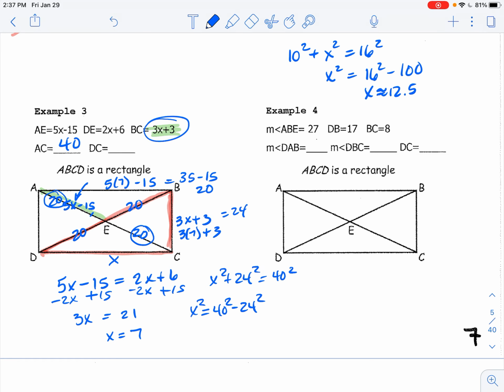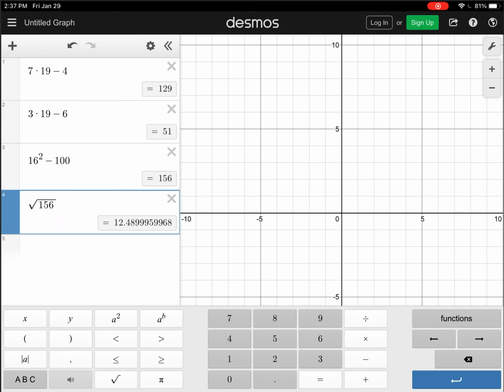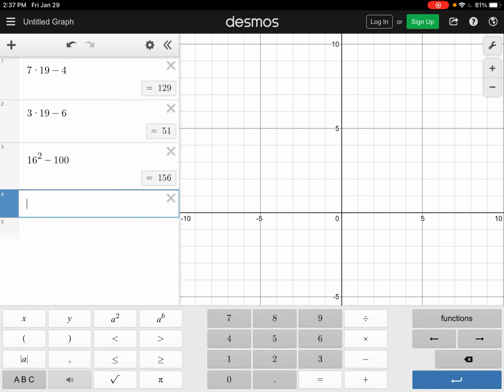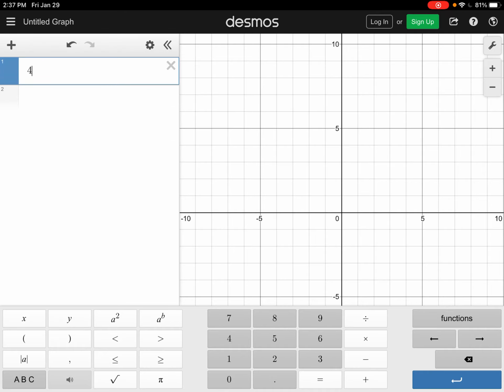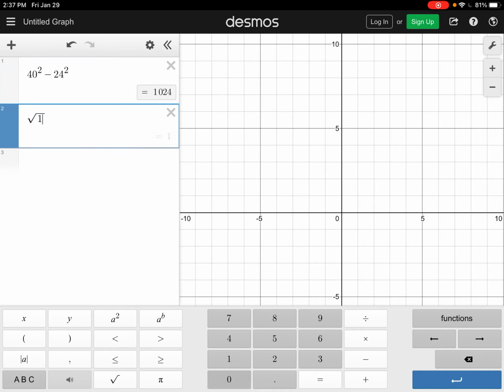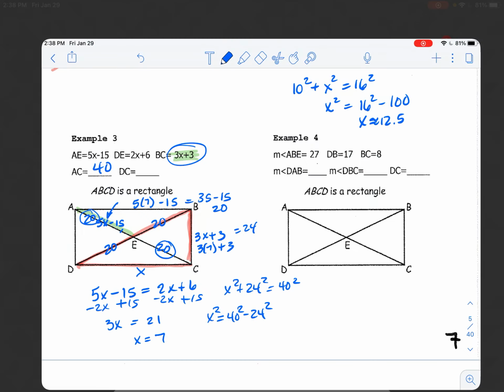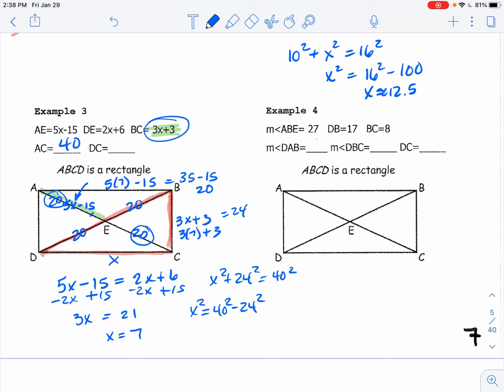And that's what I'm going to take to Desmos. Okay, so 40 squared minus 24 squared is 1024, and now I want to take the square root of that, and that equals 32. So the base of this triangle is 32.